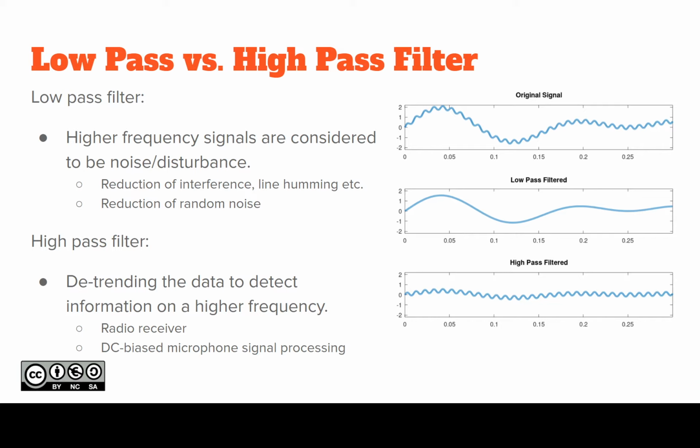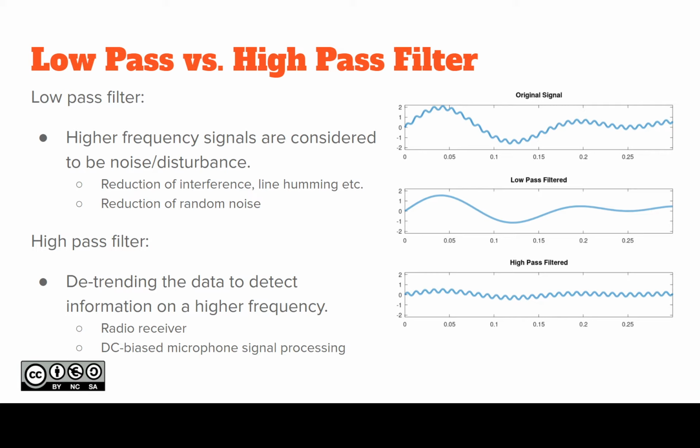On the other hand, it could be the opposite way. If you are interested in those higher frequency components, and basically the lower frequency drifting of a sensor, this bias level for example, then you would do high pass filtering to see just the higher frequency component there.